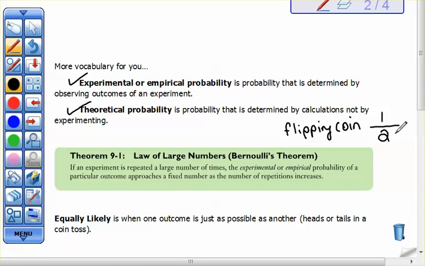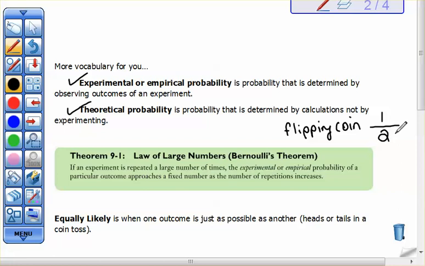What this means is that if you were to do an experiment over and over and over again, like flipping that coin, then eventually the experimental probability would approach the theoretical probability. The number of times that you flipped the coin and got the head would be approximately a half.